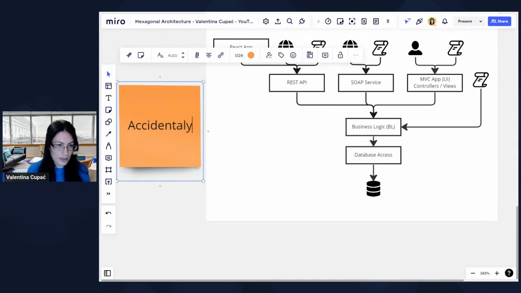Accidentally referencing business logic details from the UI, because from the REST API, SOAP, and from MVC App controllers.